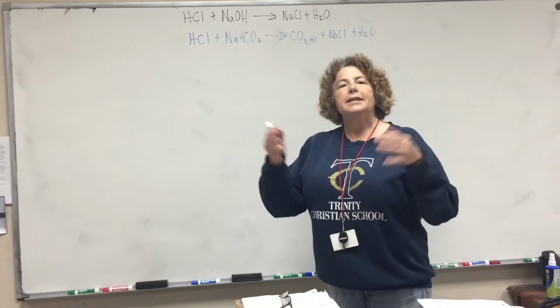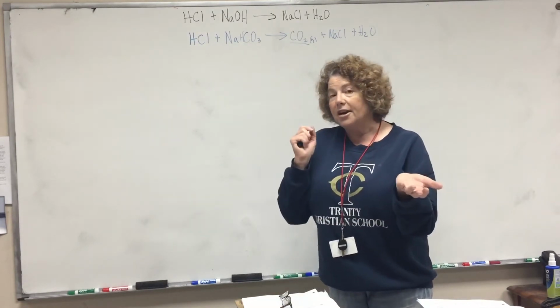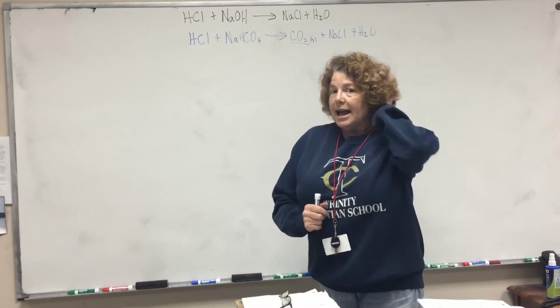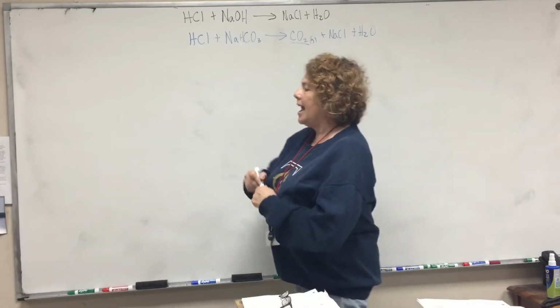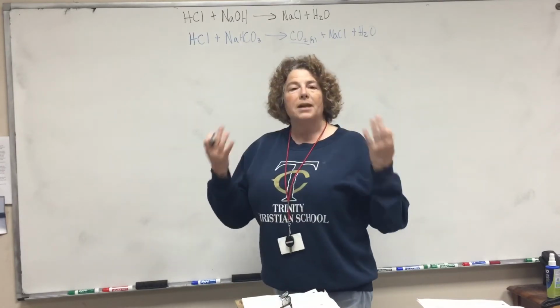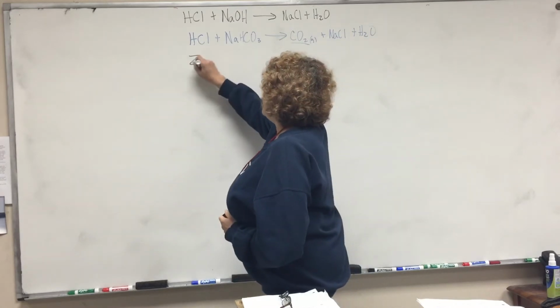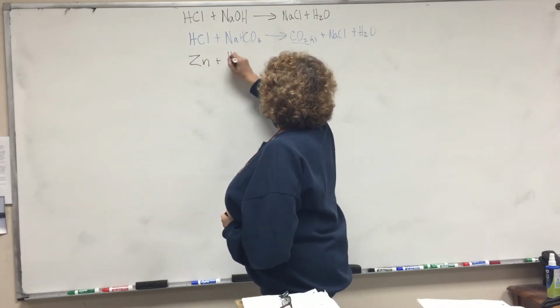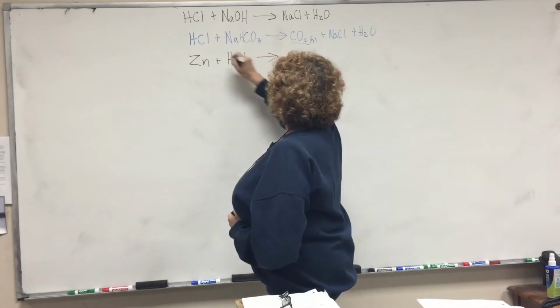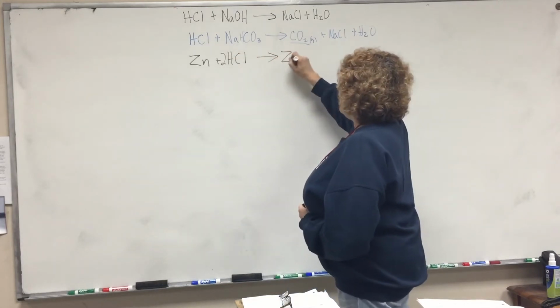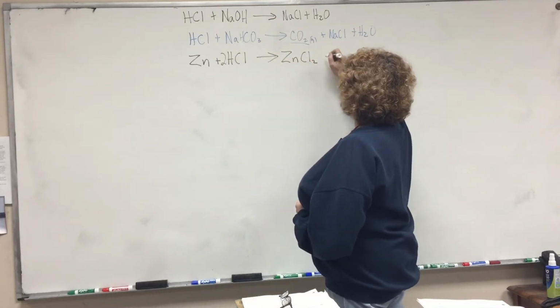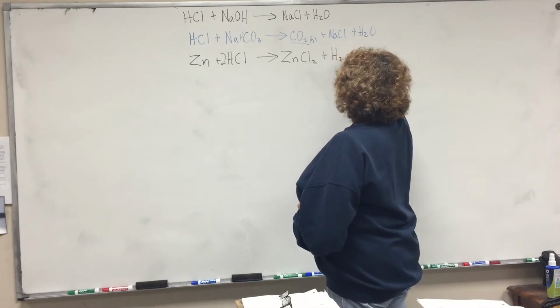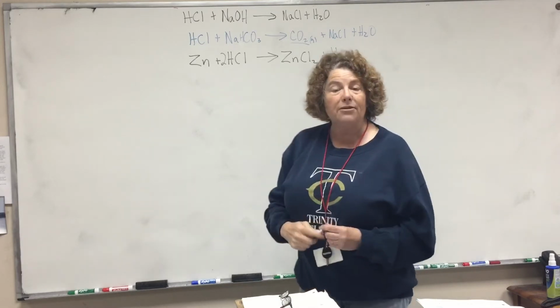Remember when we did the bubbles and you lit them on fire? Well, that was a classic reaction with an acid and a metal. We took zinc metal and we added acid and we came out with a salt, zinc chloride, plus H2 gas, which is extremely flammable.